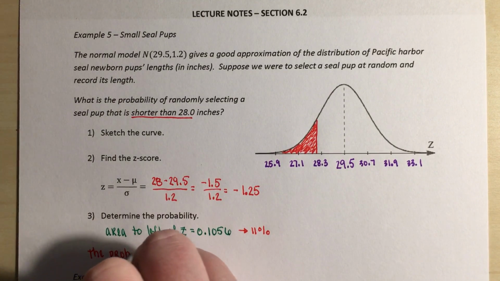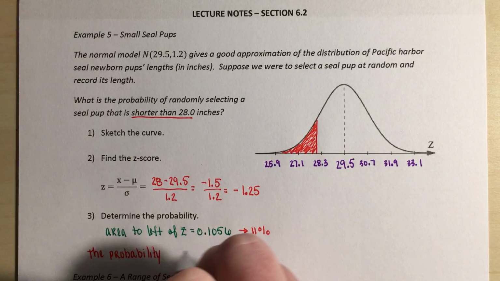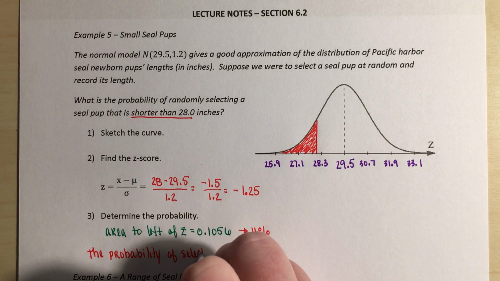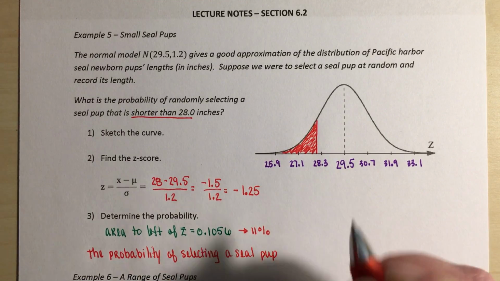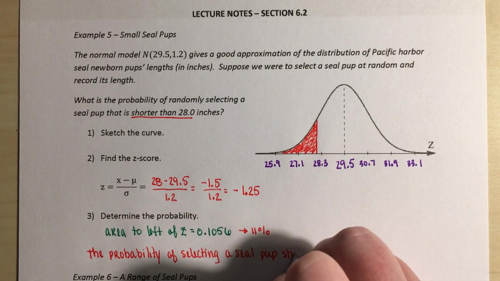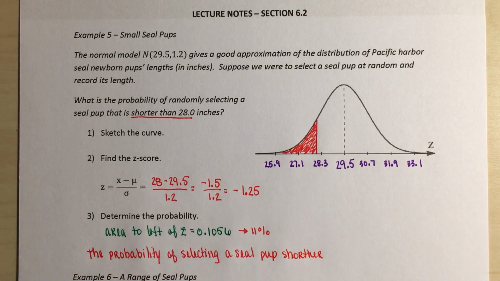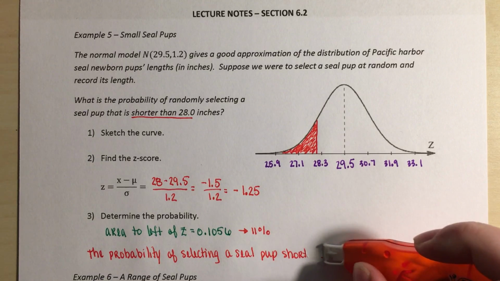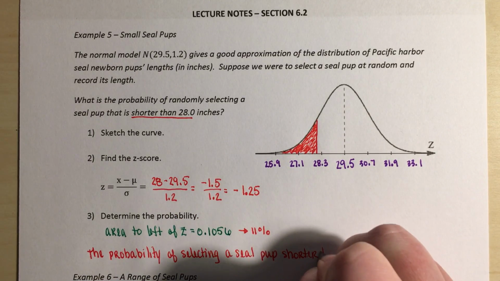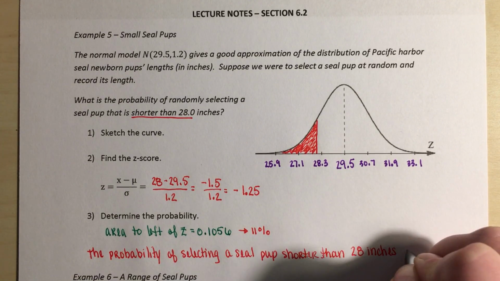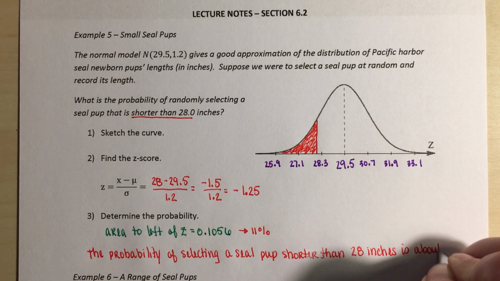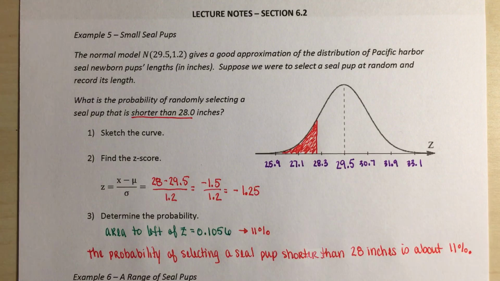So the probability of selecting a seal pup shorter than 28 inches is about 11%. Right? So what we have here in this particular example is another example of our less than probabilities.